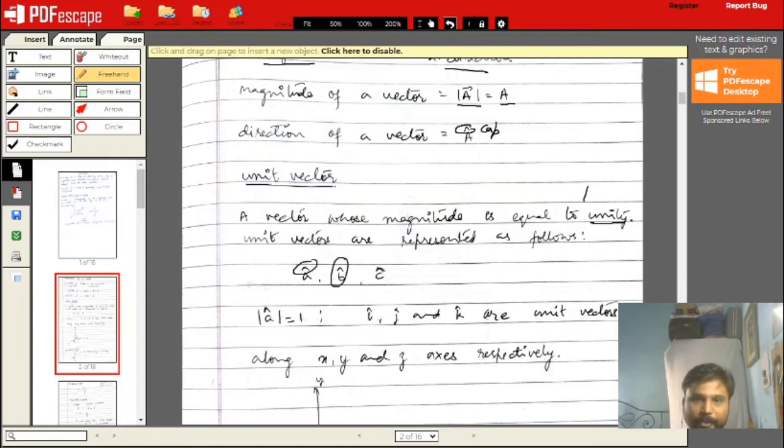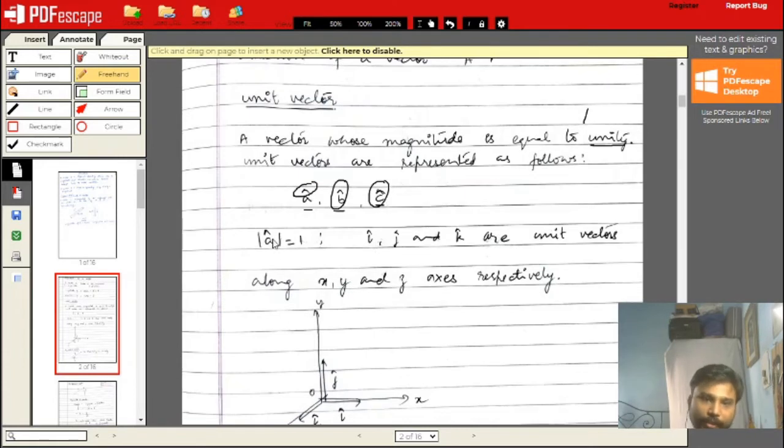So this B cap, this is read as C cap. So all these are unit vectors, and since they are unit vectors, their magnitude, which is represented by putting a mod sign around it, is equal to 1. Next, there are some standard unit vectors which are called I cap, J cap, and K cap.